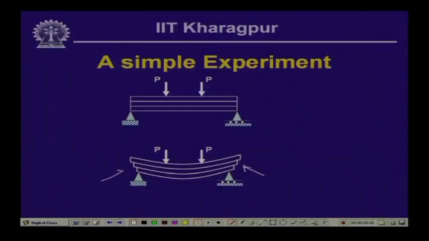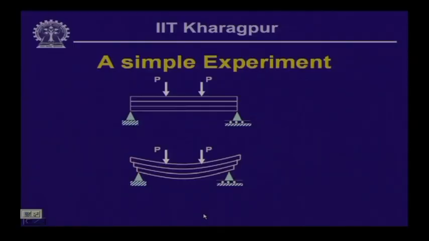It is expected to undergo a deformation in this form, and since they are not connected with each other, the bottom part of the top beam will undergo extension or tension, and the top fiber will be under compression. So, there is expected to be some slippage, and if the frictional resistance is small, there will be a substantial change in the length between these two surfaces.